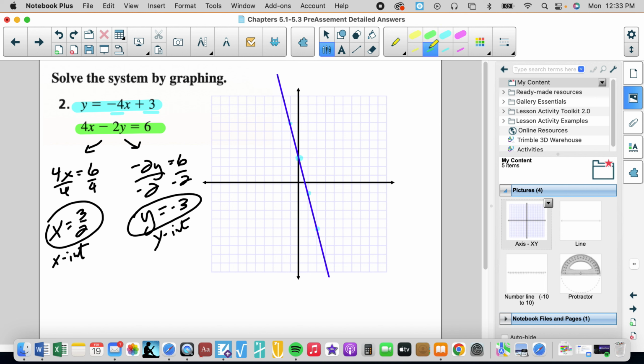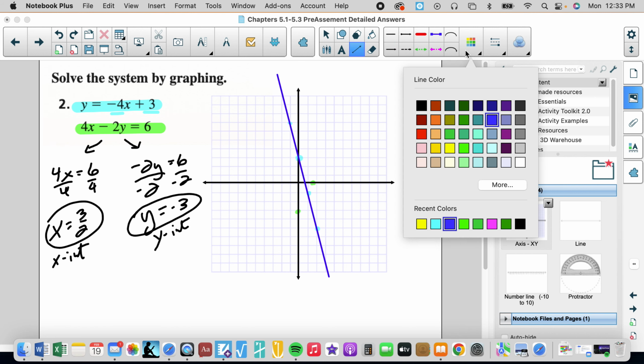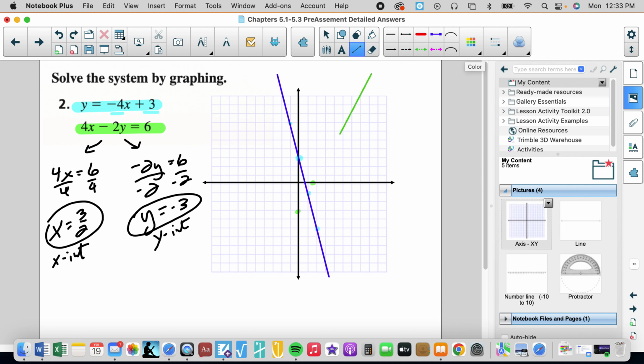So let's make those points: 1 and 1/2. I almost made a mistake again already. And negative 3. Okay. Now, it doesn't look like we are going to extrapolate properly, but let's connect it.